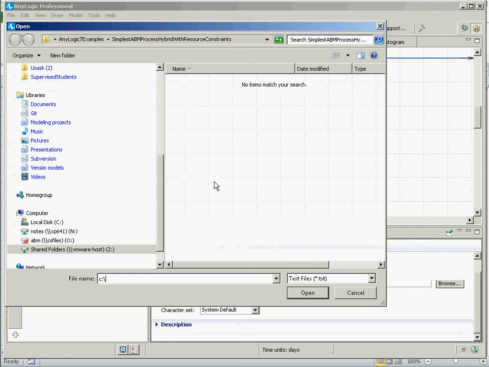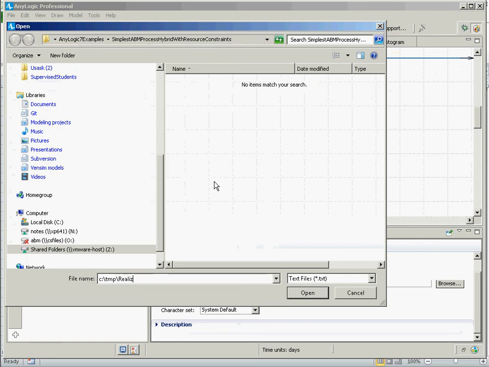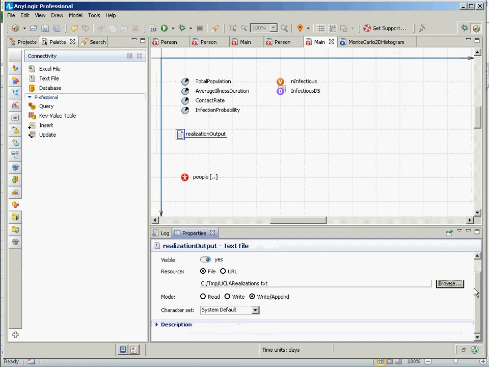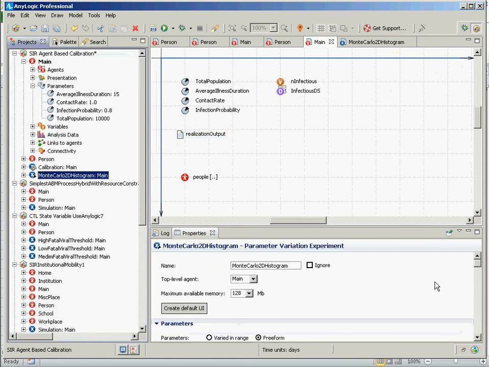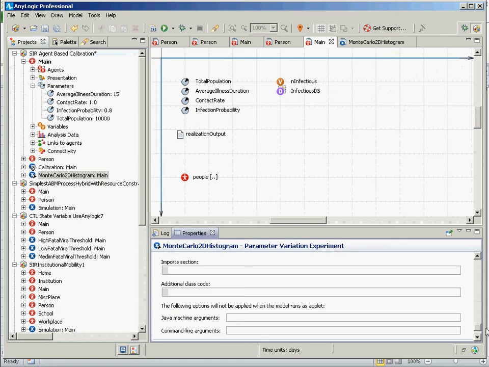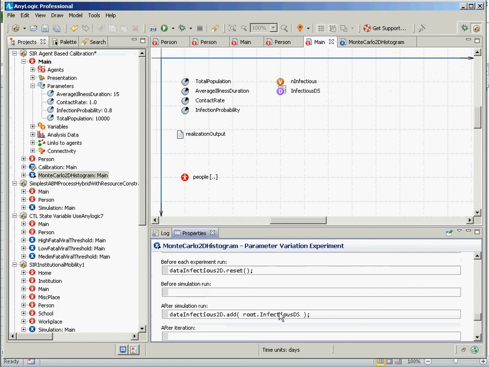And then when we're at that place here, we could essentially write via that file representation we created. Okay, realization output. Oh, of course.